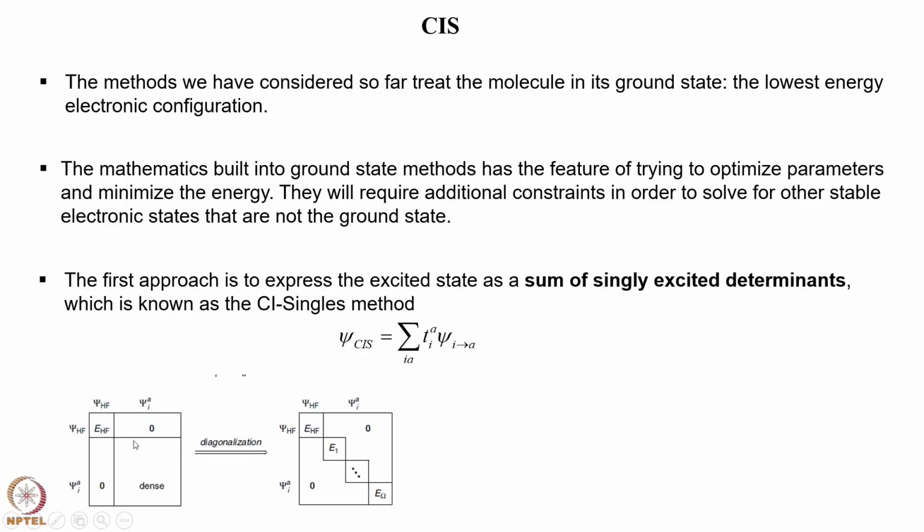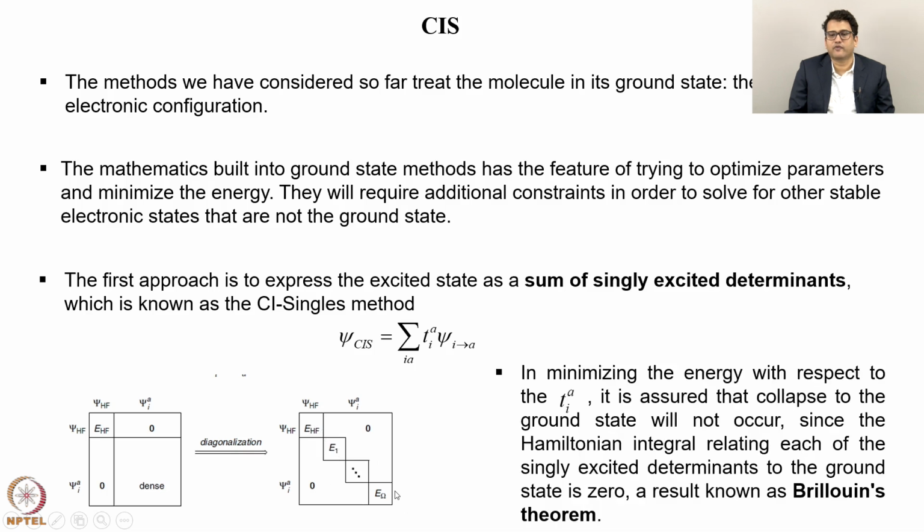The off-diagonal coupling blocks are 0. So, that means I can diagonalize them individually. But the singly excited space is actually coupled. So, what you should do here is a diagonalization, and this diagonalization will give you all the excitation energies, from the first excited state to the highest excited state configuration.